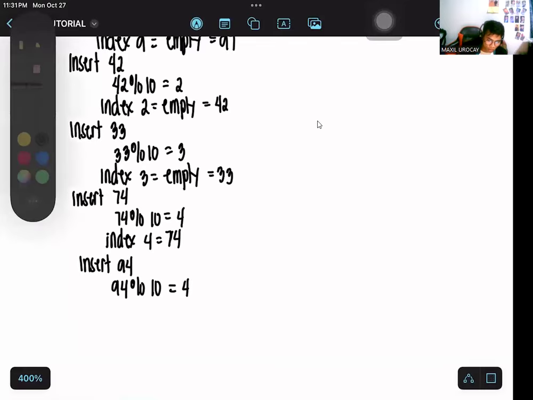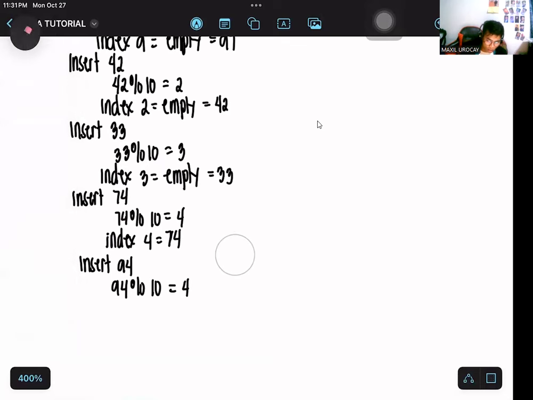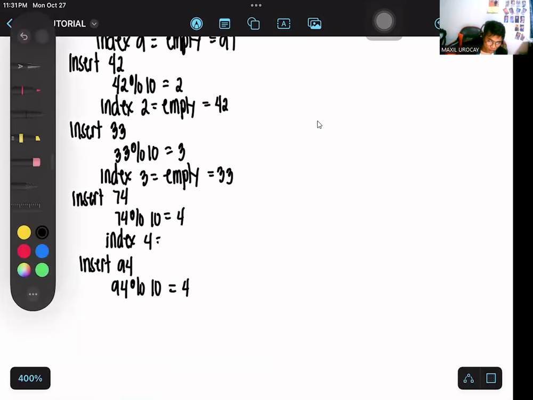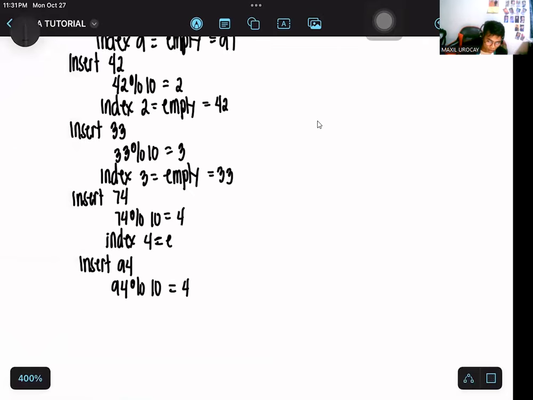By the way, we're not able to indicate here that this is empty. You just have to simplify that there is no element or empty so that we can allocate 94 here. So index number 4, then empty, and then 94. No, no, no, that's not empty.